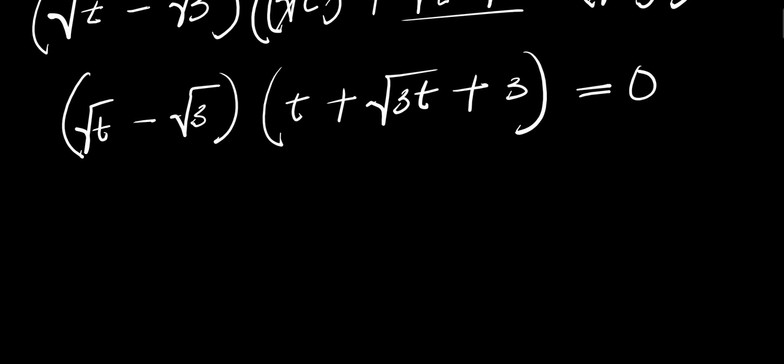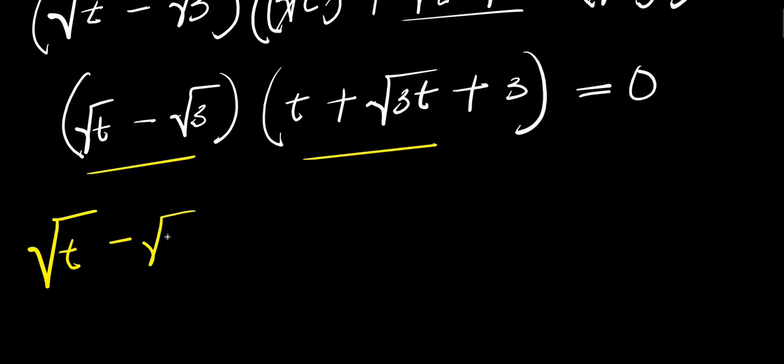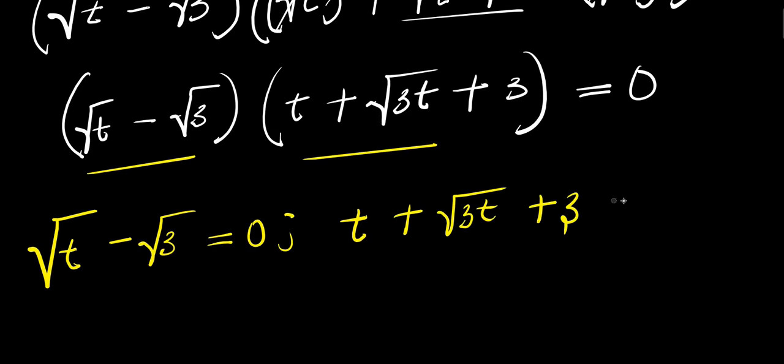So we can equate each of these to 0. Square root of t minus square root of 3 equals 0, and t plus square root of 3t plus 3 equals 0.